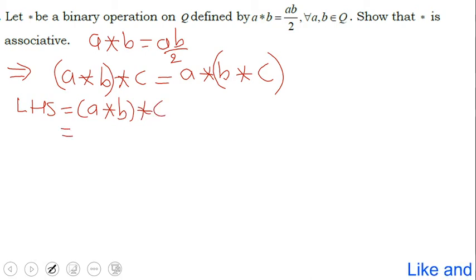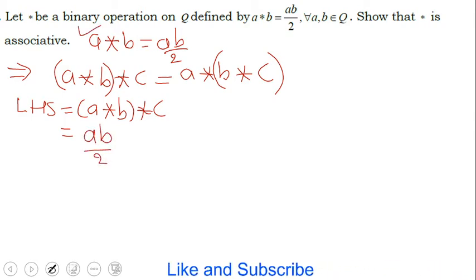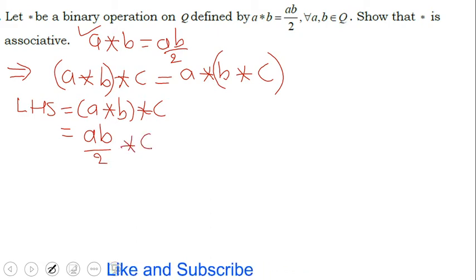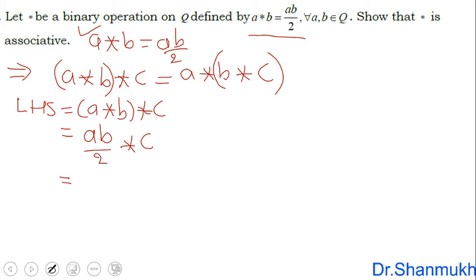LHS equal to (A star B) star C. First we have to simplify the bracket A star B. It is given here, A star B is AB divided by 2, star will be as it is, C is as it is. Further, once again the star operation we have to use. Clearly we observe that both elements we have to multiply and then divide by 2.